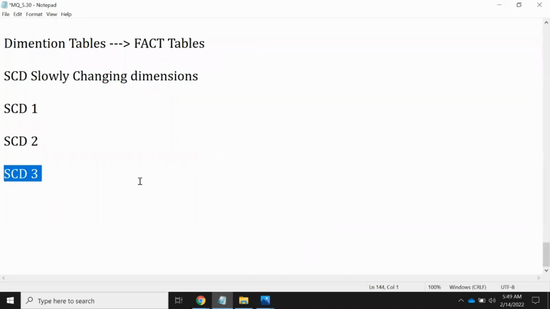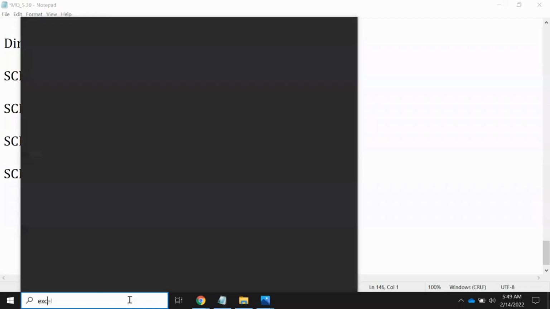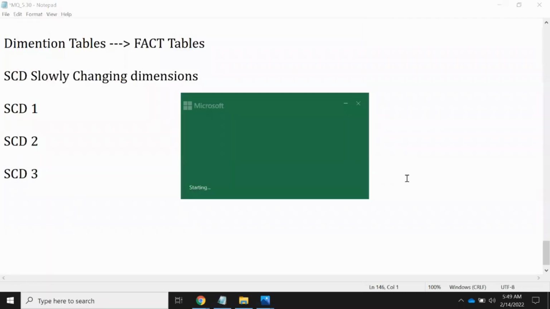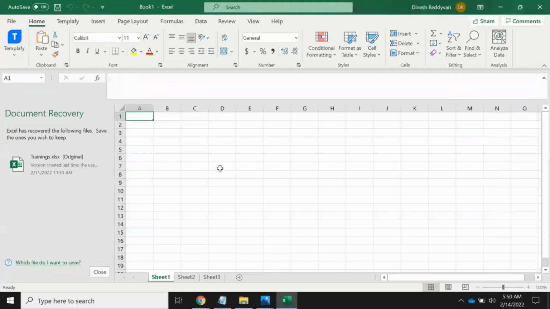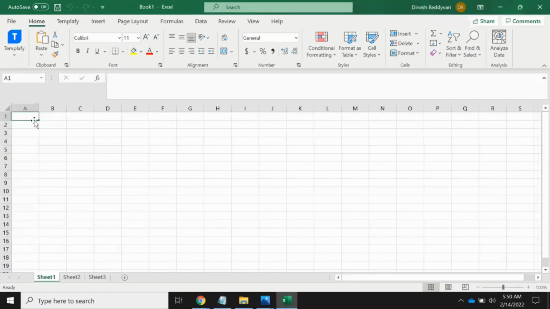Now, I will give you an example, and then we will discuss the purpose of slowly changing dimensions. Let me open this. Now let's observe.